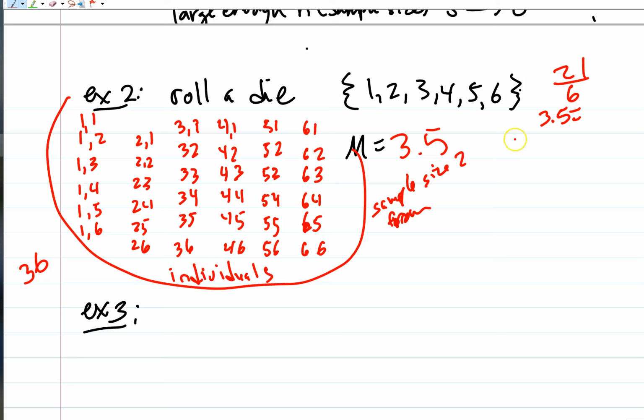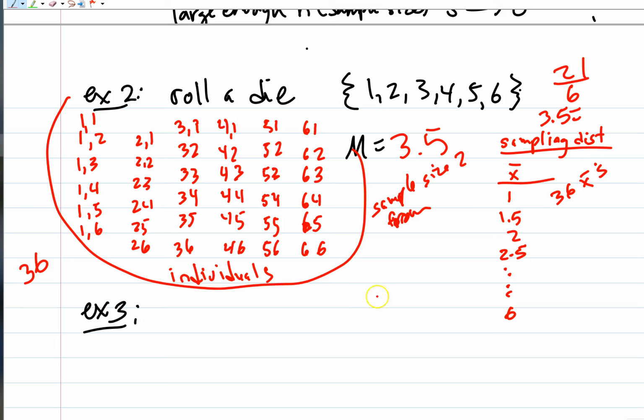If I wanted the sampling distribution, the sampling distribution would be the collection of means. So the average of 1 and 1 would be 1. The average of 1 and 2, the average of 1 and 3, the average of 1 and 4, all the way to the last one, the average of 6 and 6. So we would have 36 means.